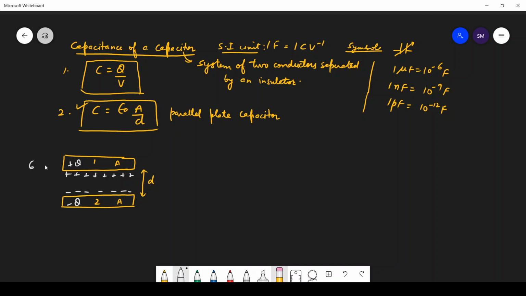Nu is the surface density, and you know that surface density is charge per unit area. So that's the surface density. Now what will be the surface charge density of plate 2? So it is minus nu, of course, minus Q by A.